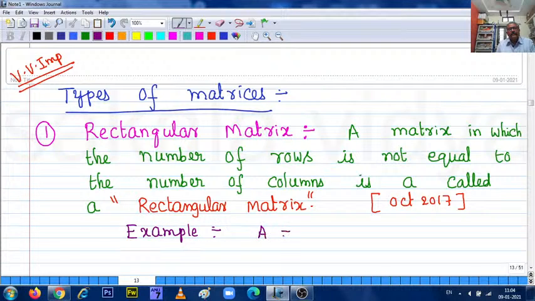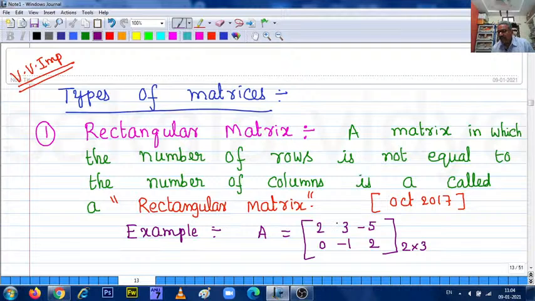A equals 2, 3, minus 5, 0, minus 1, 2. See how many rows are there? 2 rows. How many columns? 3 columns. 2 is not equal to 3. So the number of rows is not equal to the number of columns. So this type of matrix is called a rectangular matrix. It seems to be in the shape of a rectangle itself, so it is called a rectangular matrix.